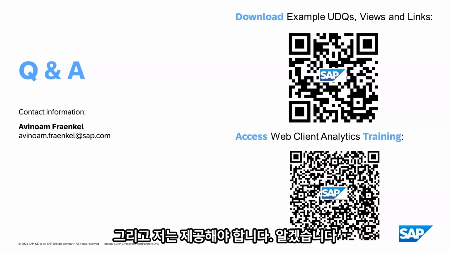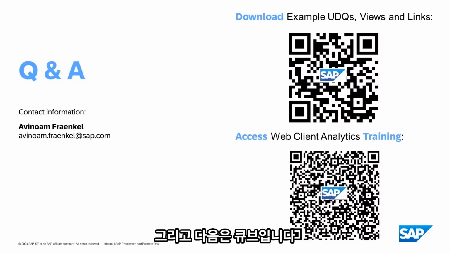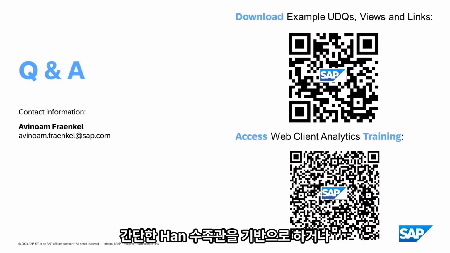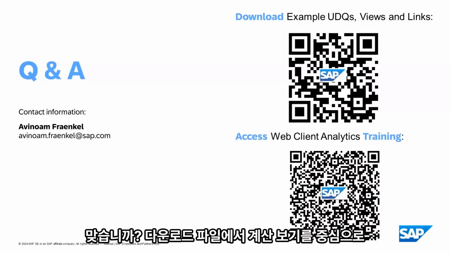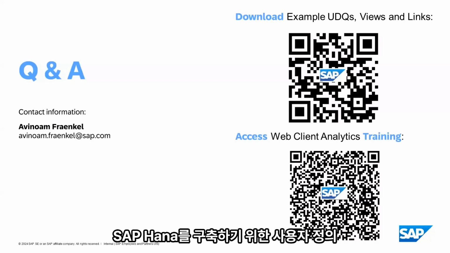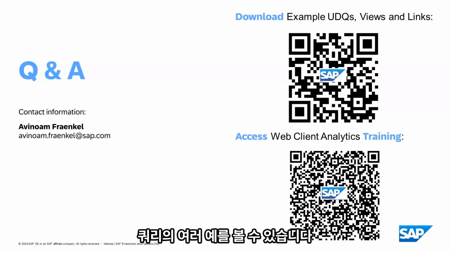Okay. And the next one is, is UDQ based only on a simple HANA query, or can it be based on a HANA calculation view output query? Right. In the download file, you'll see several examples of user-defined queries for SAP HANA built around calculation views.